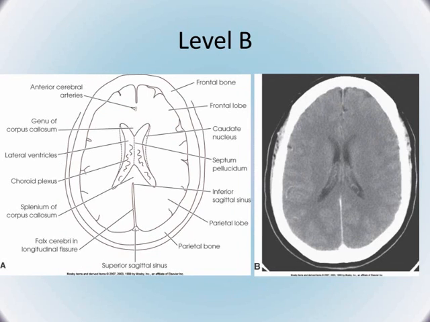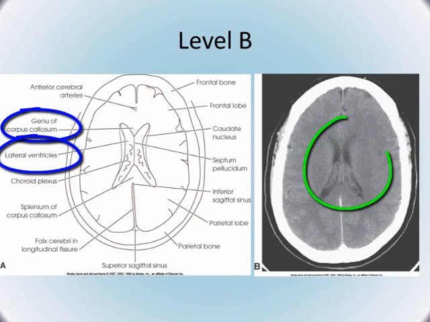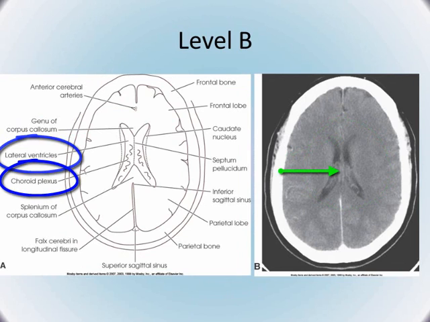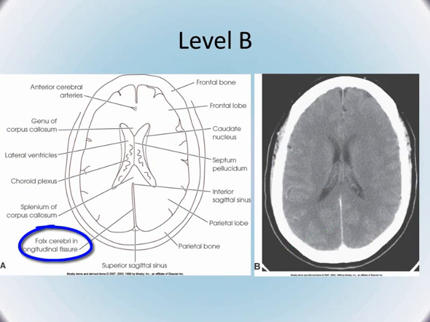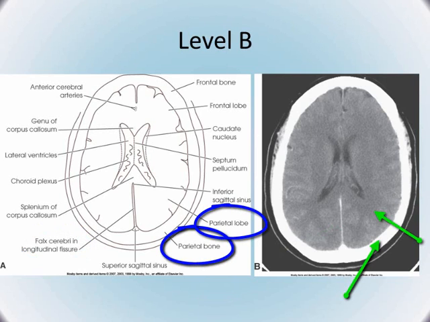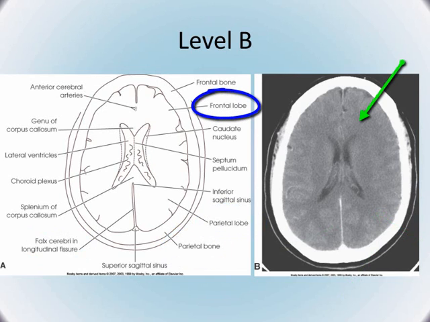In level B, we'll start off with the genu of the corpus callosum, the lateral ventricles in their entirety, the choroid plexus, which to me kind of looks like snot, the splenium of the corpus callosum, the falx cerebri in the longitudinal fissure, the parietal bone, and the parietal lobes, the frontal lobes, and the frontal bone.